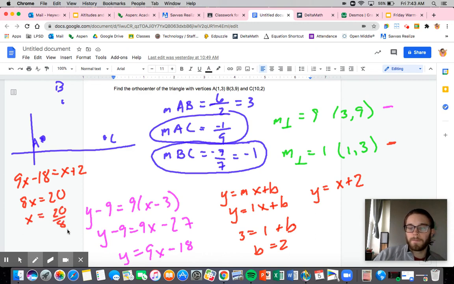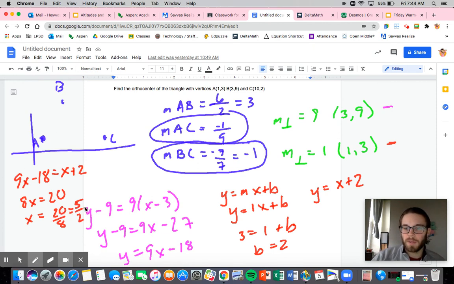Divided by 4, that would be 5/2, because 8 divided by 4 is 2, not 4, and 20 divided by 4 is 5. Okay, so I have 5/2.